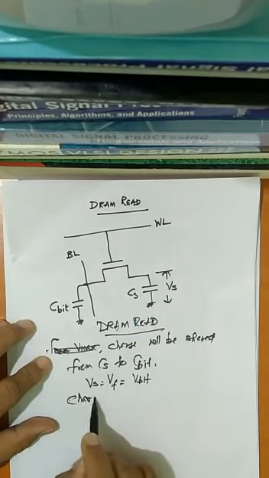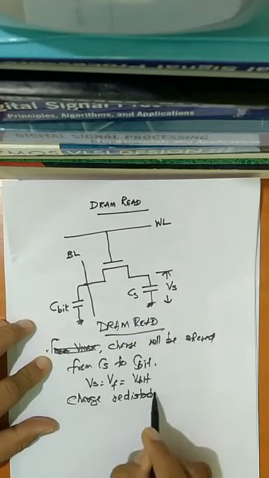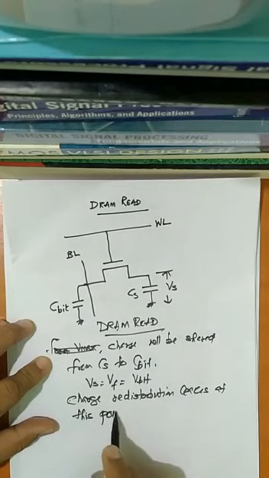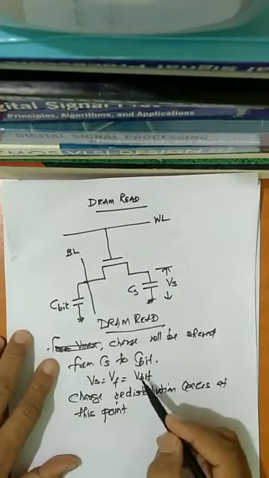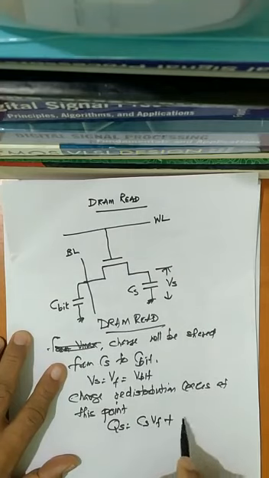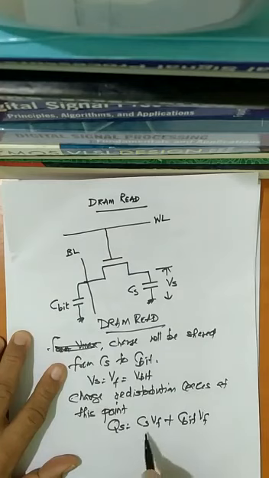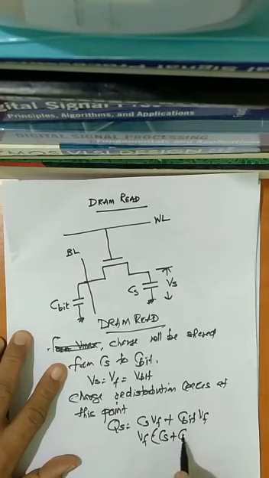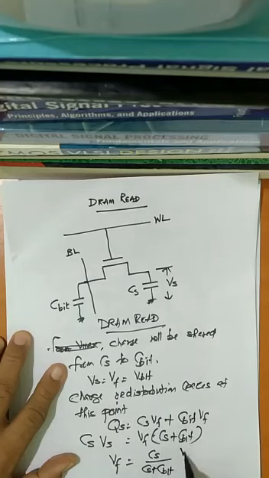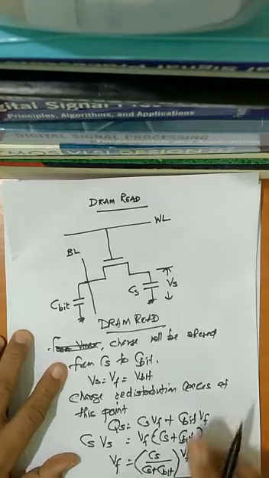Writing conservation of charge, QS equals CS VF plus C bit VF, that is, VF multiplied by CS plus C bit, equals CS into VS. So we can write the final voltage VF equals CS by CS plus C bit multiplied by VS. This is very, very important.